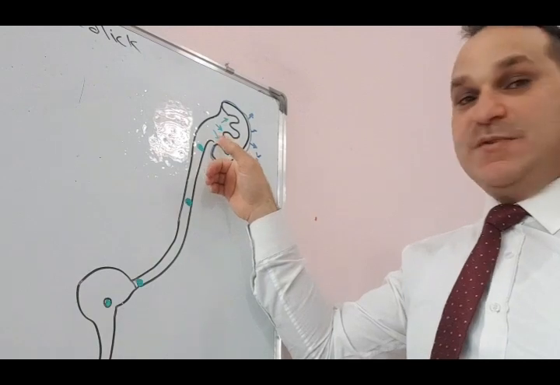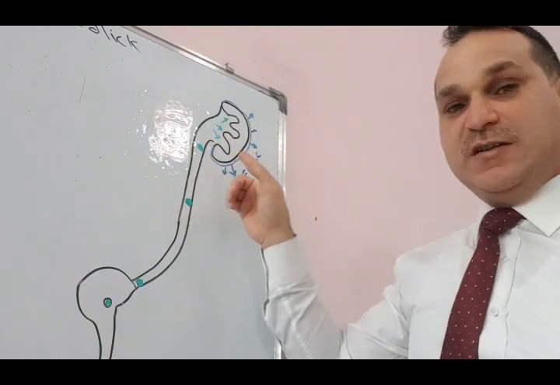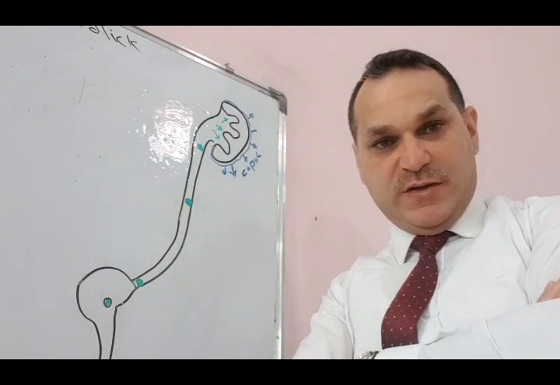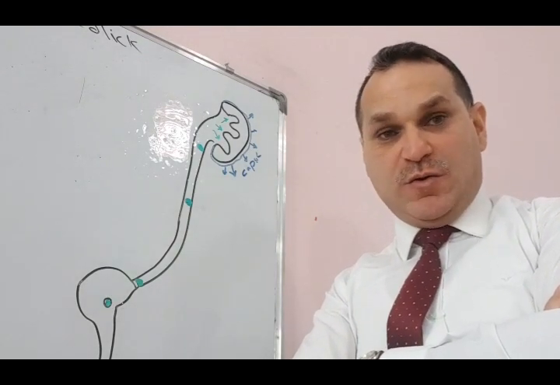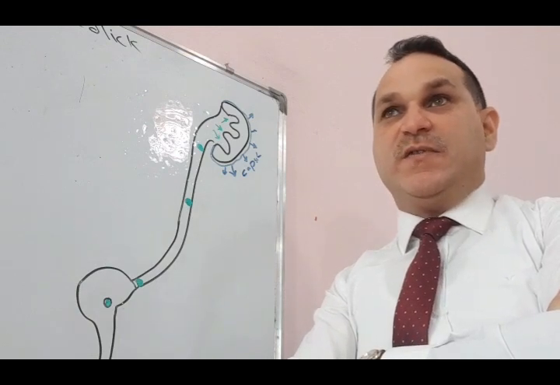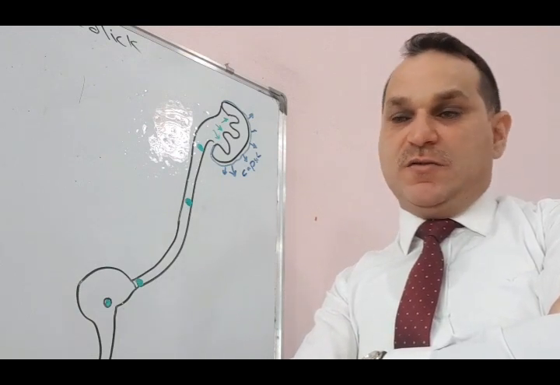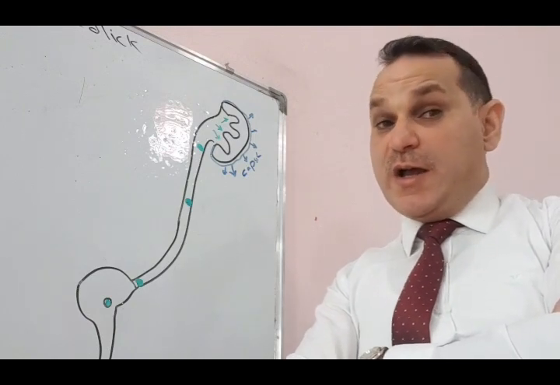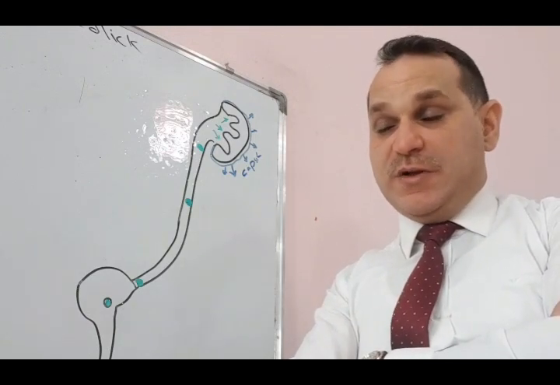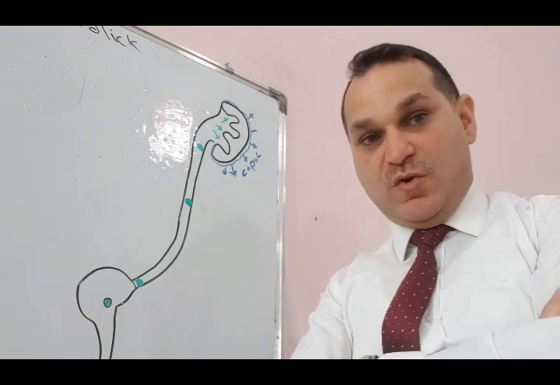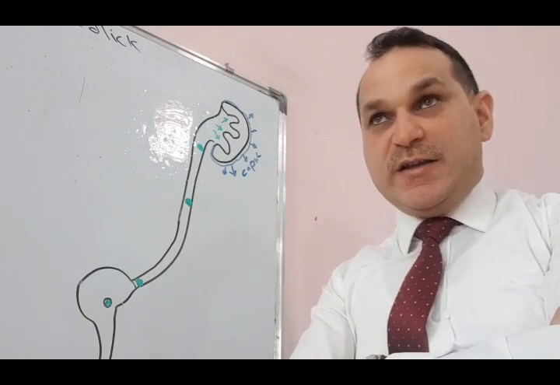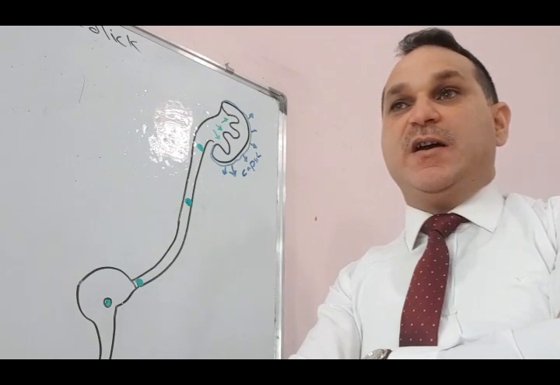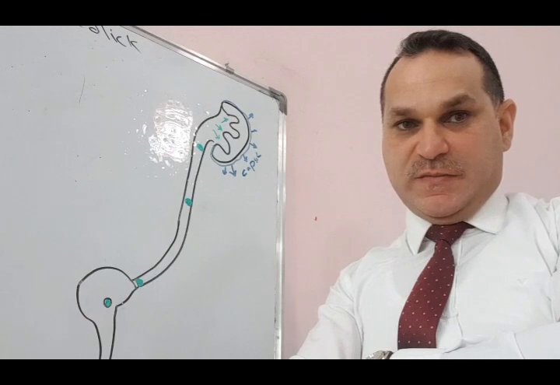The pressure will transmit from the collecting system into the renal cortex, and the pressure atrophy of the renal cortex will later cause a decrease in the renal function and even atrophy of the glomeruli. So when I have a stone obstructing for more than 4 to 6 weeks, I expect there will be loss of the renal function, even if I have intervention later on.